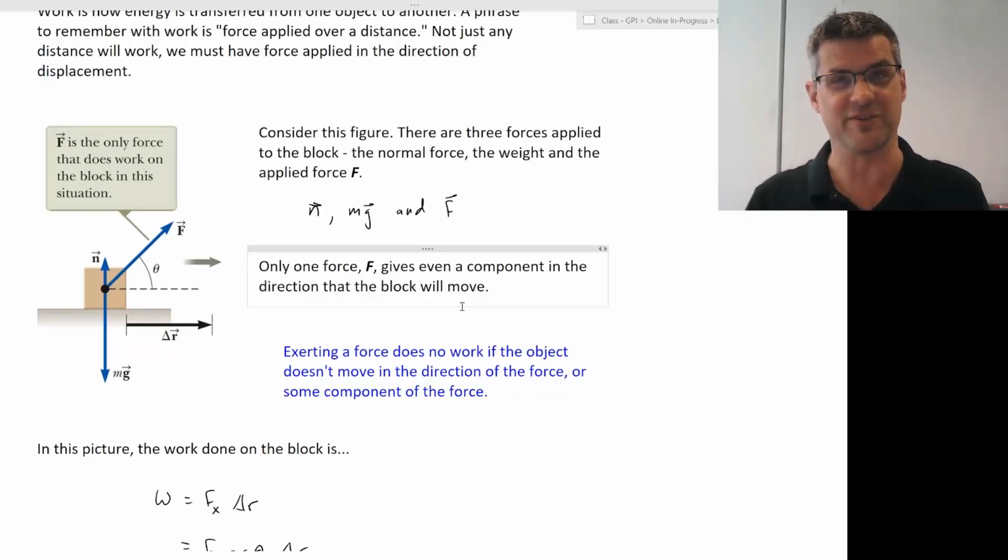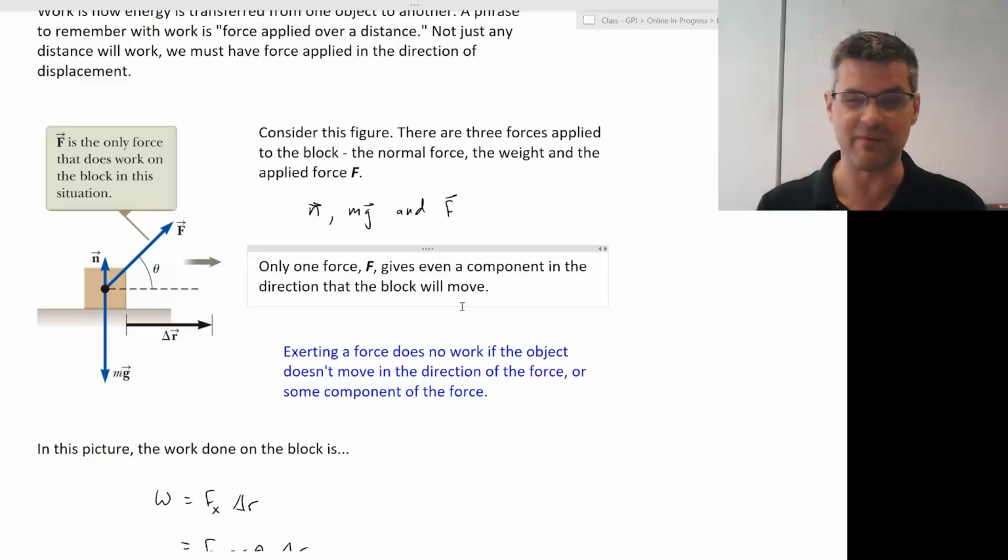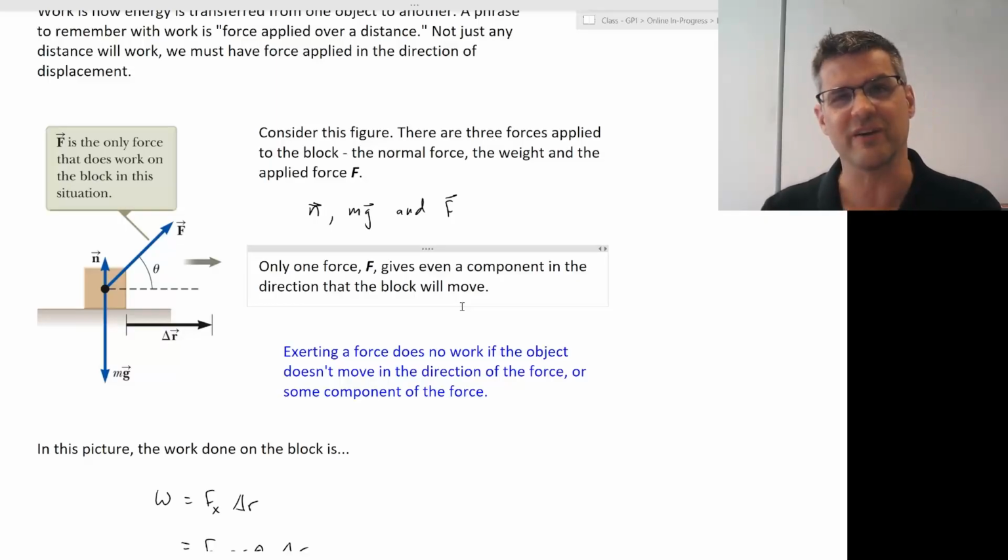I could apply forces over some distance, but some of these forces aren't doing any of the work. The normal force is not in the direction of displacement. The weight force is not in the direction of displacement. And even in terms of the force that we are applying, only one component of that force is in the direction of displacement.